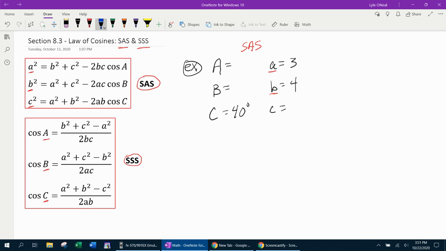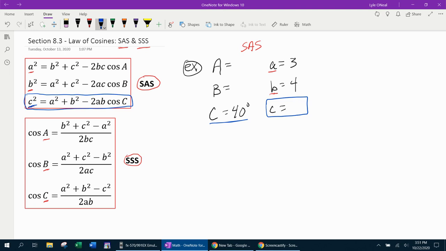The next step is figuring out which of these three formulas we're going to use. It turns out it's pretty easy. Whichever angle you're given, you find the related side first. That tells us we're going to be using the last formula, because we're trying to find little c.